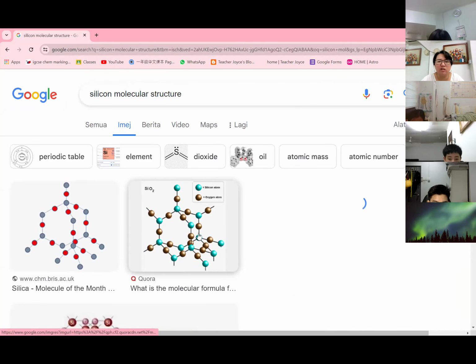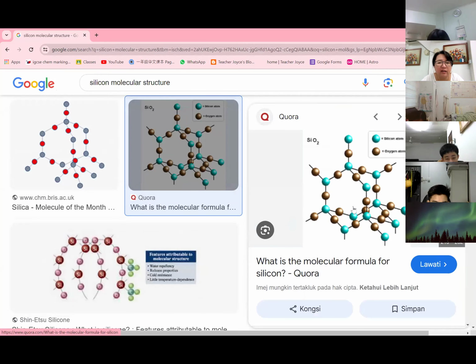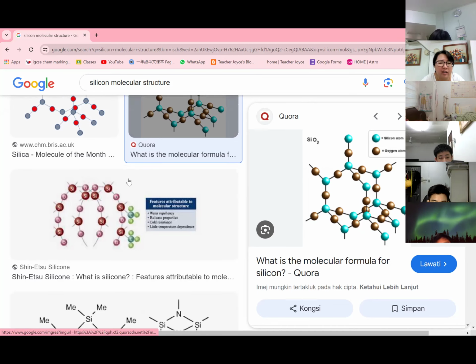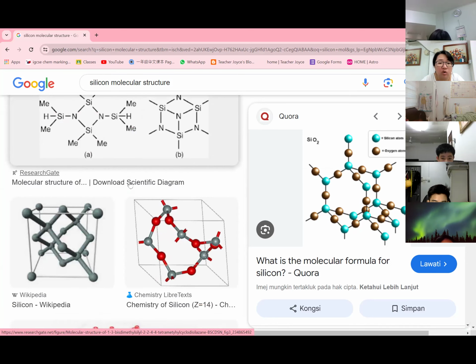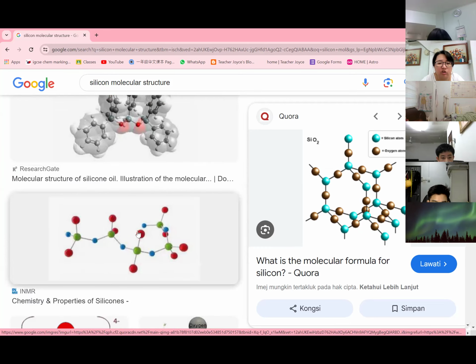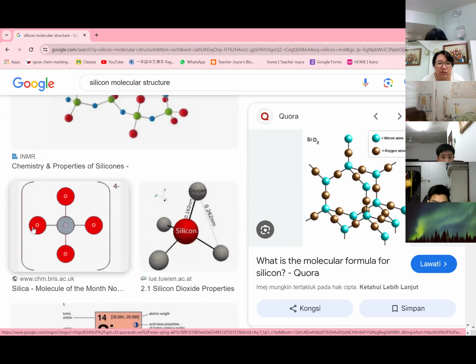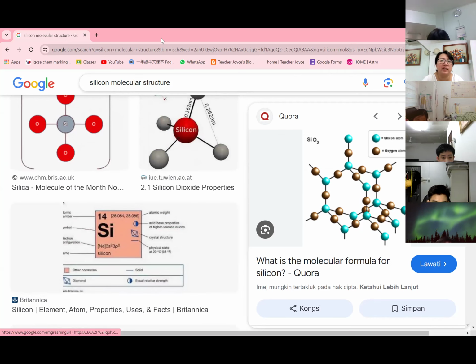And this is how silicon dioxide looks like. You know what silicon dioxide is? Silicon dioxide means sand. You see the sand, so hot, shine, right? Will it melt? No, it never melts. So see, silicon structure is a 3D gigantic structure, you can see? So it is very stable.